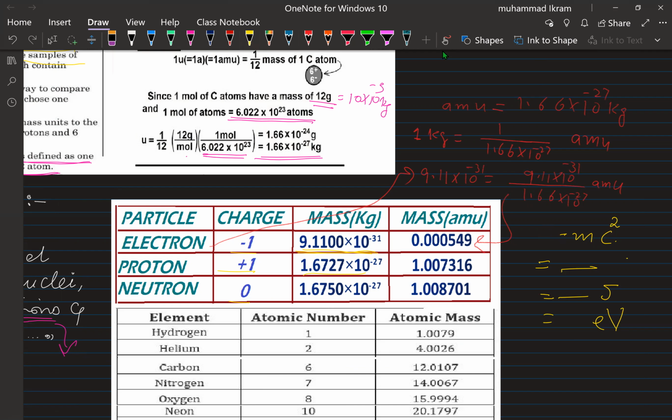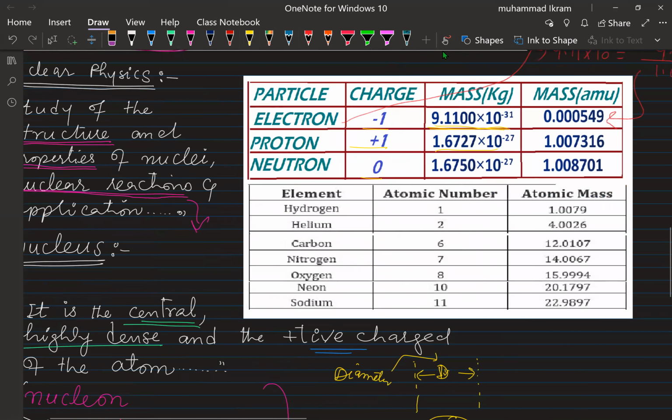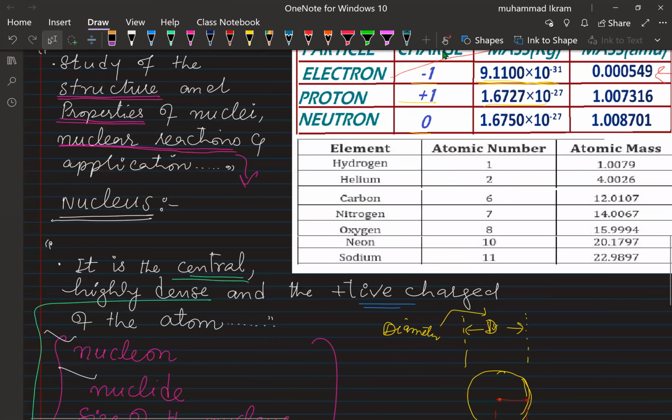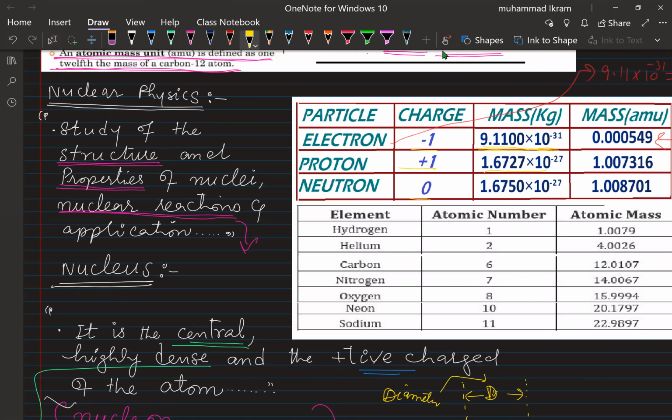Okay, so this is how the atomic mass units are used. Definitely throughout this chapter we will be needing this. Particularly we will be needing the atomic mass of hydrogen, helium, and at least carbon and nitrogen.